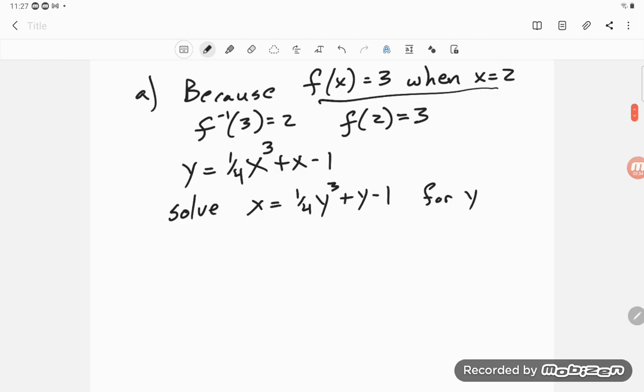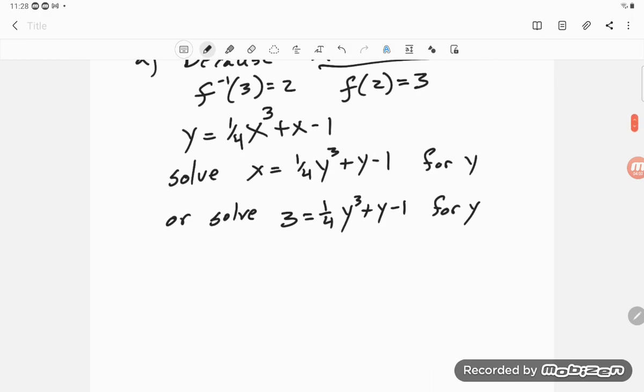Or we know that x was equal to 3, so solve 3 equals 1/4 y cubed plus y minus 1 for y. Okay, and we could get it that way.